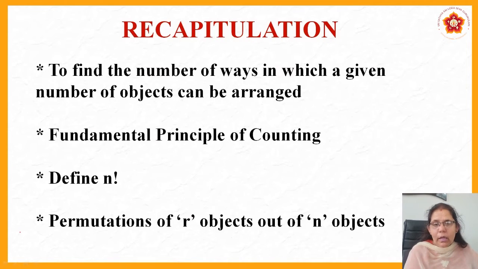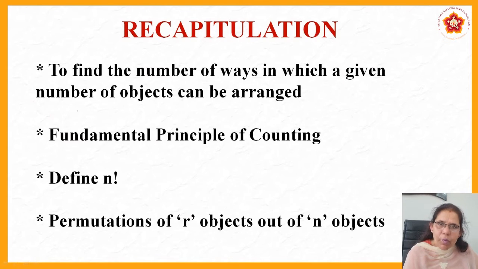If you can recall, if there are n events, and out of these n events the first event can occur in m1 ways, the second event can occur in m2 ways after the first event has taken place, the third event can take place in m3 ways after the second event has taken place.